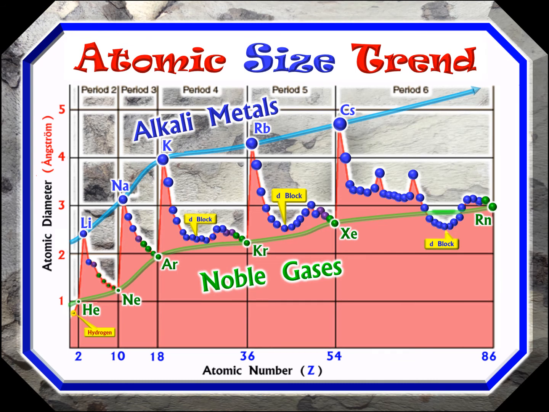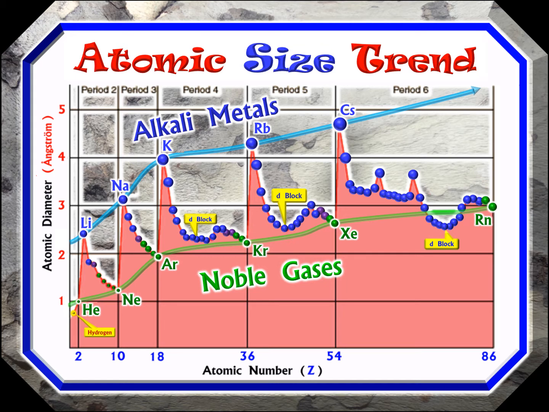So the atomic size trend is a pattern that repeats over and over, okay, kind of like a roller coaster going up and then back down and then up again even higher and back down. It's a pattern that repeats as you go across the periodic table. This size trend is critical for understanding reactivity, why things are metals or nonmetals, and many, many other properties like electronegativity.